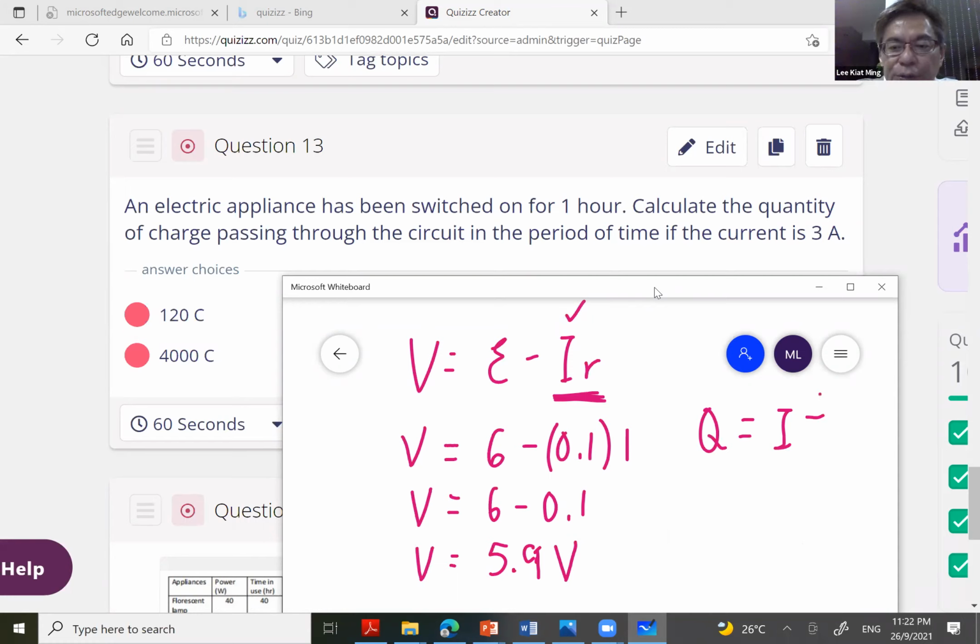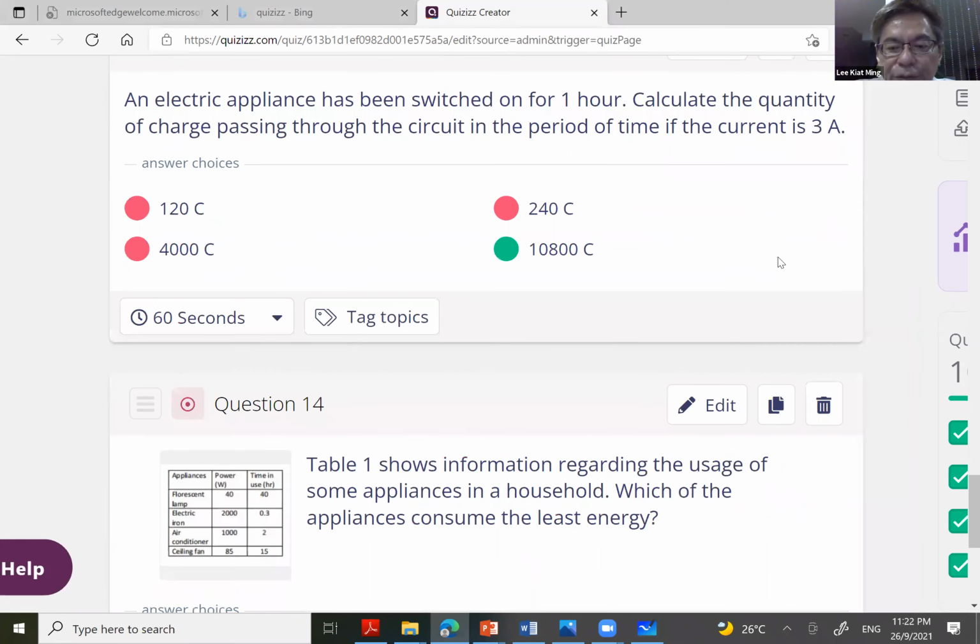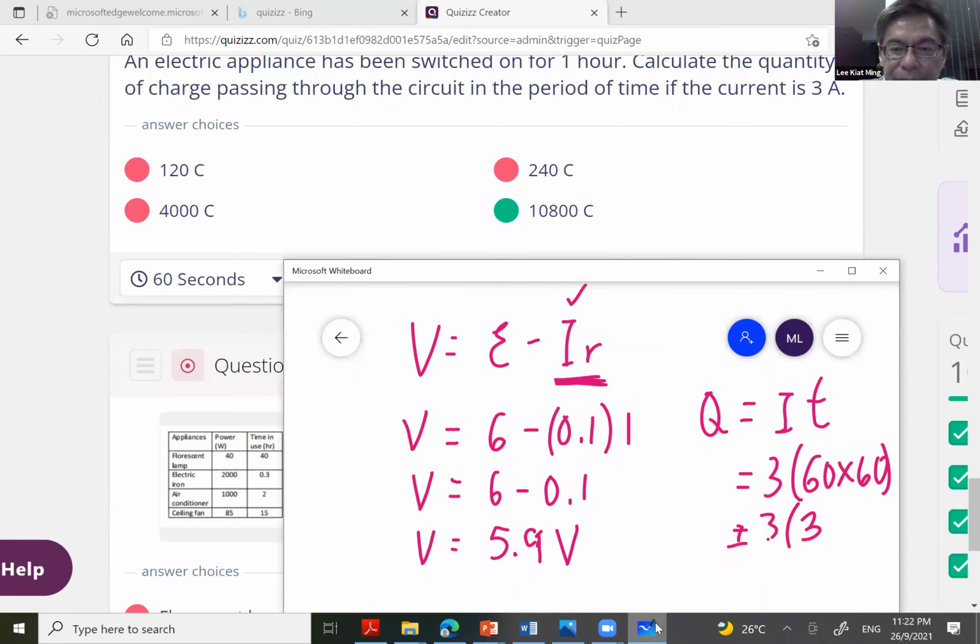So what you do is change the time to seconds. With 3 ampere and the time given as 1 hour, which is 60 minutes times 60 seconds, you're going to multiply 3 by 3,600. Let me clean up.